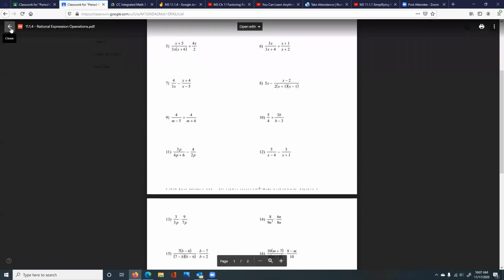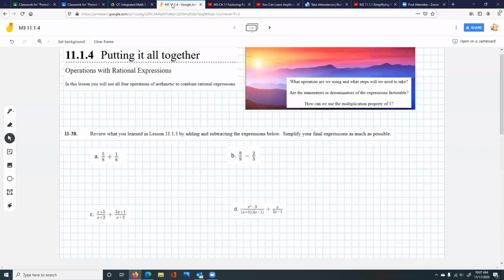All right, let's get started on the notes for today and put 11.1.4 on your paper. Okay, putting it all together. In this lesson, we will use all 4 operations of arithmetic, adding, subtracting, multiplying, dividing, to combine rational expressions.